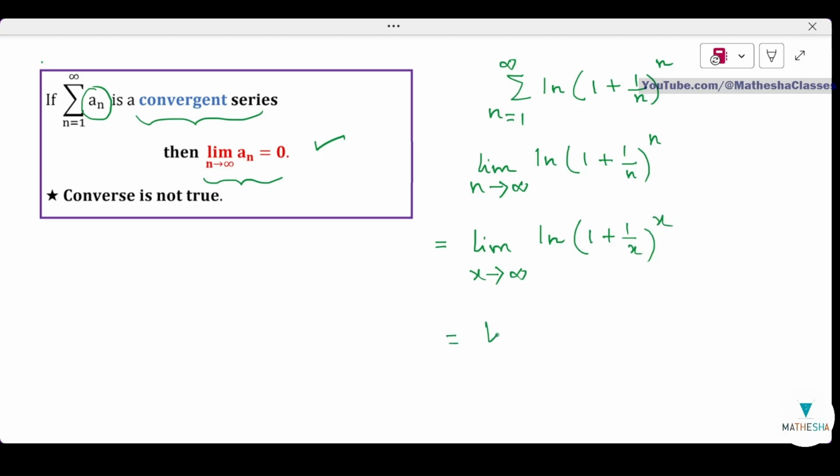So taking, I'm sorry, this will be x by 2. Okay, so now bringing x by 2 in the front, we'll be having ln of 1 plus 1 upon x.